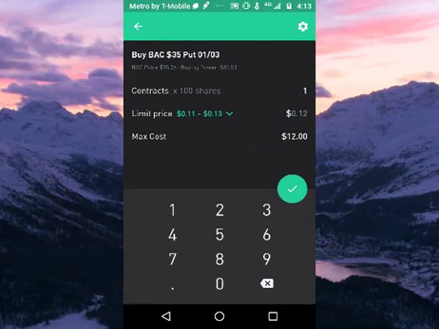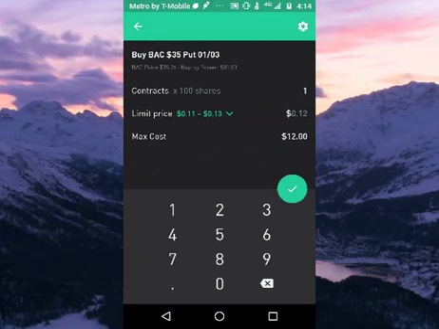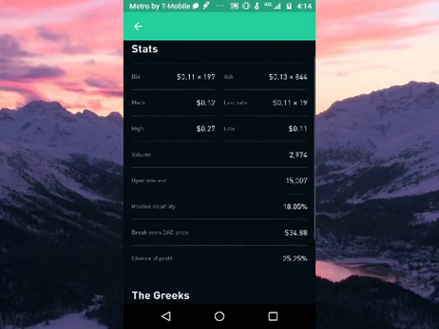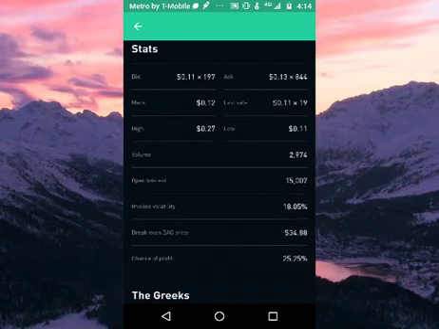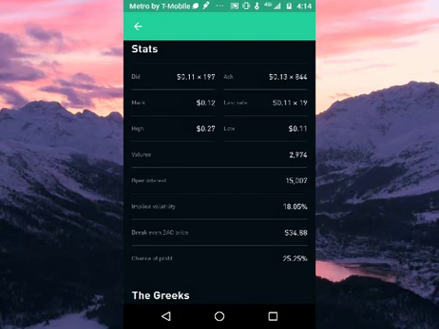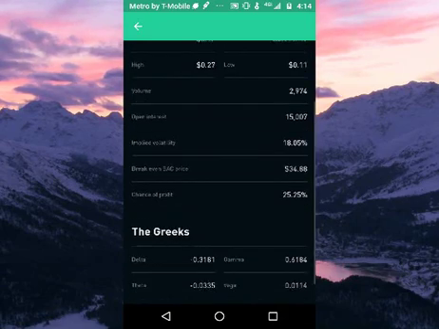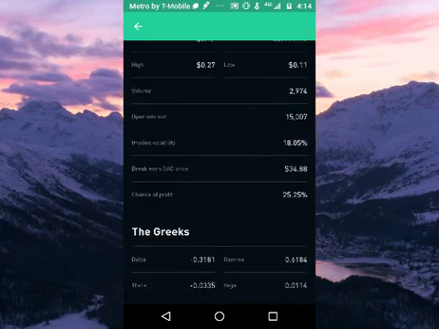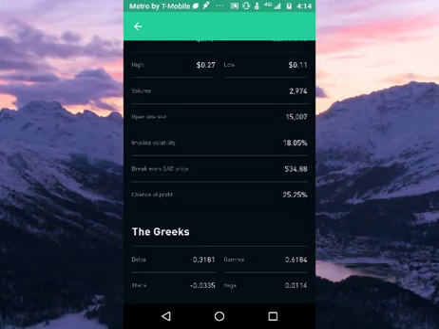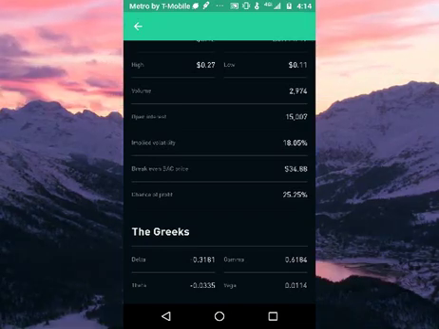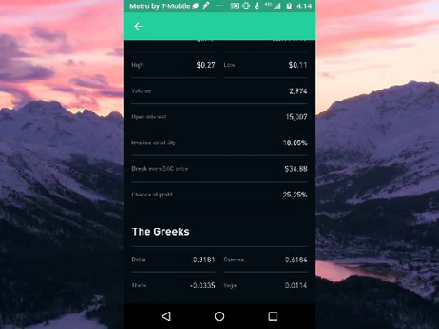And I am going to click on the limit price to see exactly the volume, which is 2,974. That's the amount of the contracts traded back and forth. The open interest is 15,007. Implied volatility 18%. Chance of profit 25.25%. The break-even price for put contracts is going to be the strike price minus the premium paid.